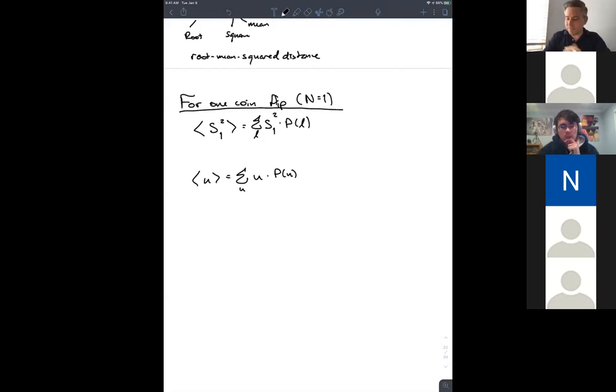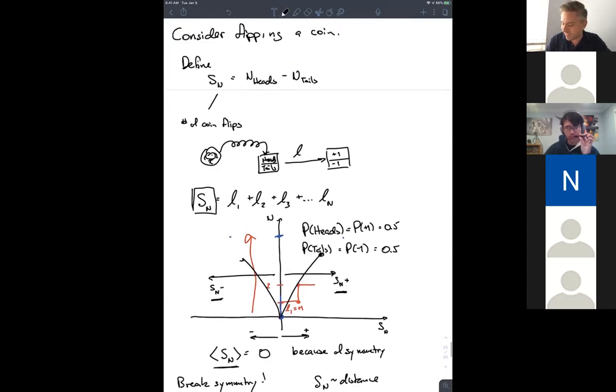All right, so let's come down here and let's do this. L can take on two values, +1 and -1. And again, S1 is just equal to L1, right? Just because of the way that we defined it. We defined it right here to just be the sum of all the steps that we took. So S1 is just L1.